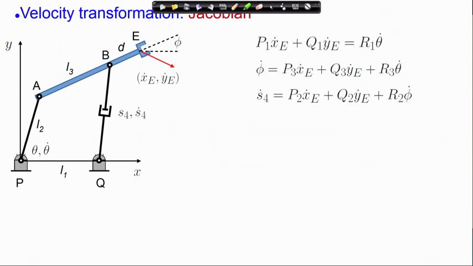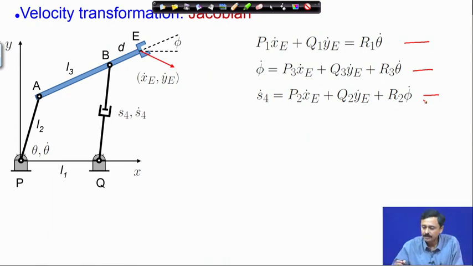So, here I have collated all the expressions that we had derived. We had derived this first and then these two expressions were derived. Now, here I have phi dot, which appears in the expression of S 4 dot.